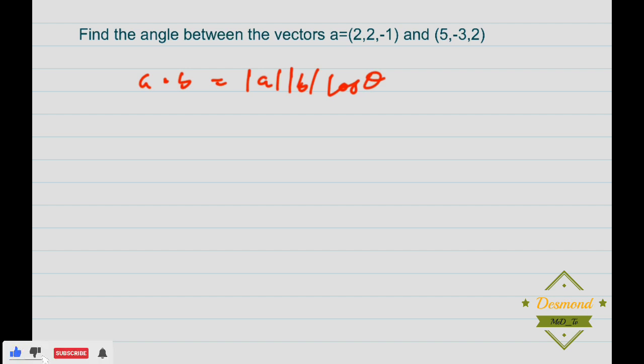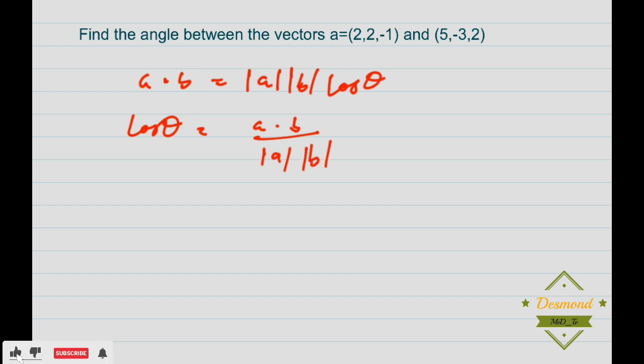How do we find the angle? Just do a change of subject and you find theta. So cos theta here should be equal to A dot B over the modulus of A times the modulus of B.